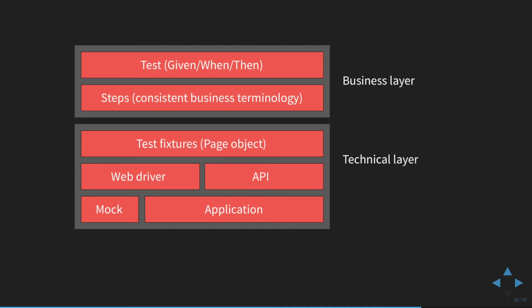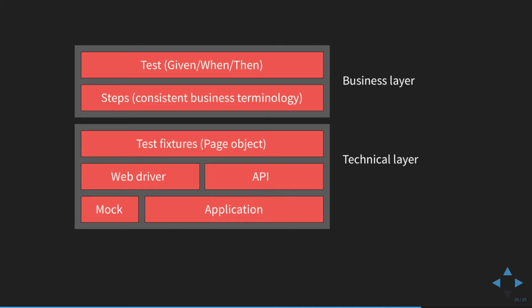At the business layer level, you have the test, and all these tests use reusable steps, so the same steps can be reused across multiple scenarios. This is what is usually named keywords or action words. So we define these business entities, the action words, that you can reuse across multiple scenarios. These action words, these steps define your business terminology. So this is at the business layer.